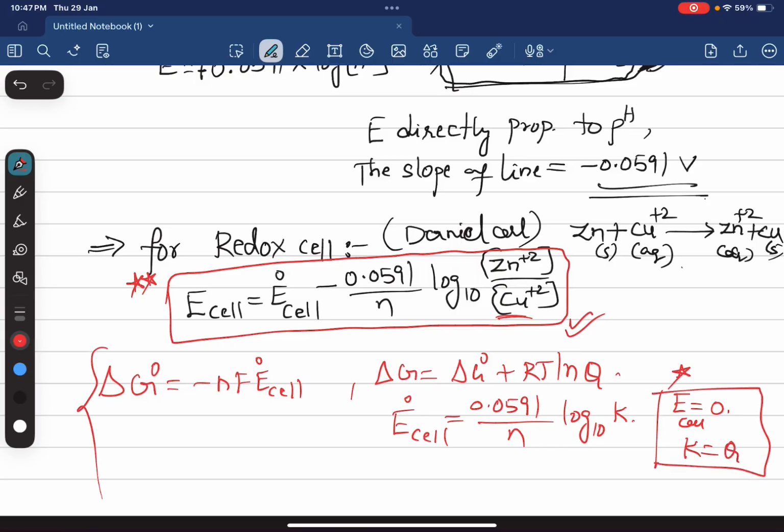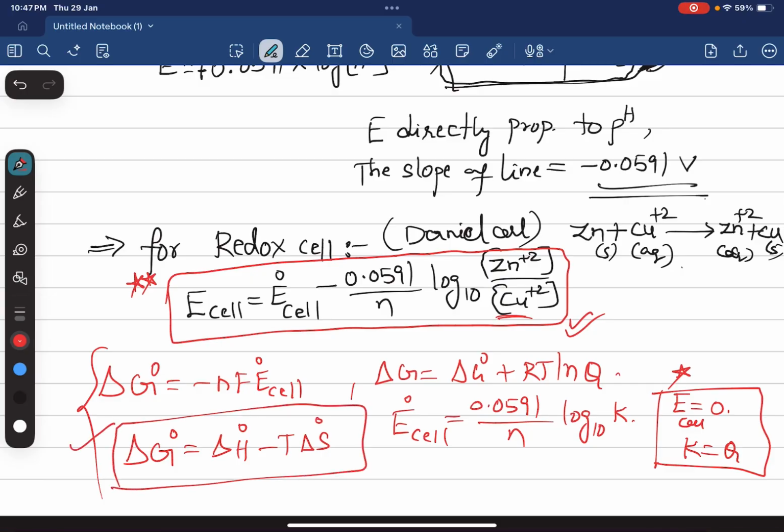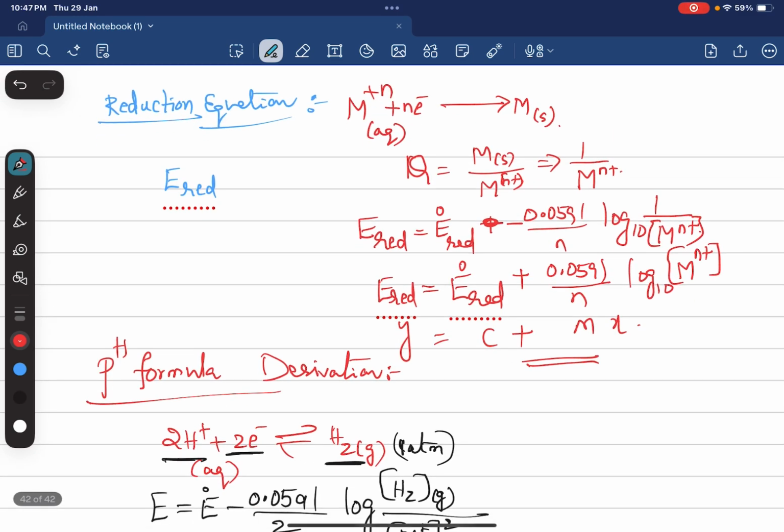Questions are mostly asked with this, and you should also know this formula: delta G naught equals delta H naught minus T delta S naught. This is also used to find the spontaneity of the process. Right, students? So these are the related derivations and related points about the Nernst equation.